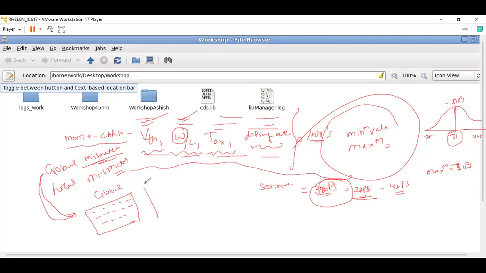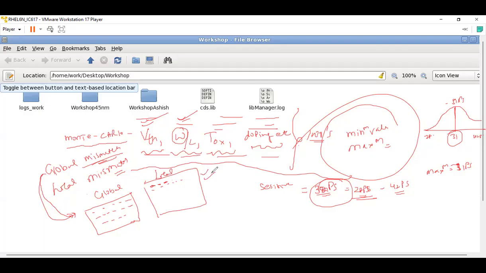Now, what is a local mismatch? Local mismatch means that you have created a circuit. Here you have 5% variation. Here you have 7% variation. Here you have 3% variation. For every transistor and its neighbor, there are different variations. So this is called local mismatch.